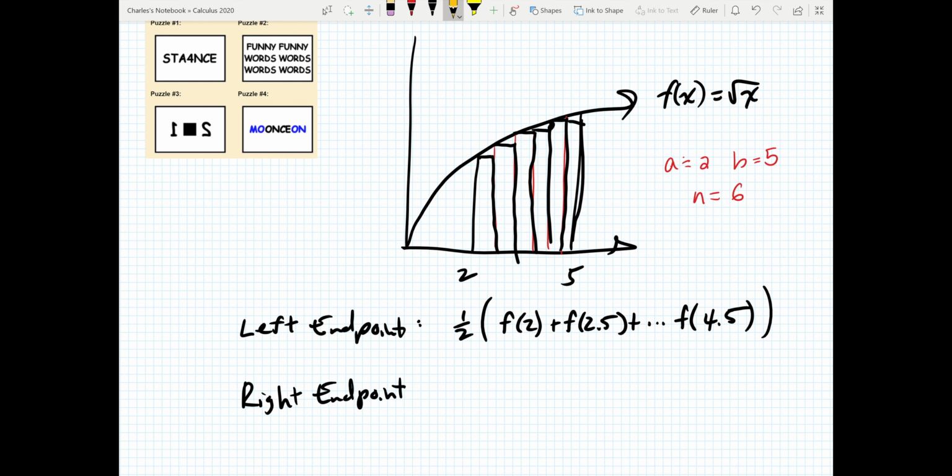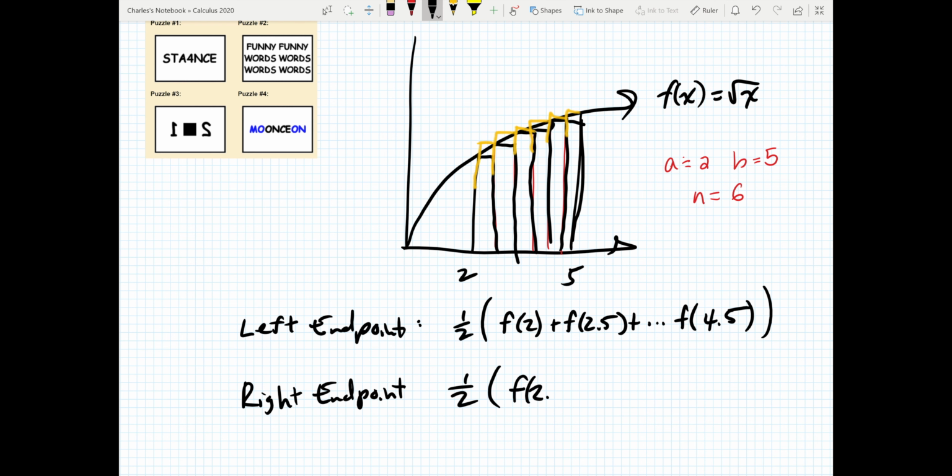rectangles, it would look kind of the same in a lot of cases, except every rectangle is getting pushed over by 1, so a lot of the stuff in the middle is going to be the same.